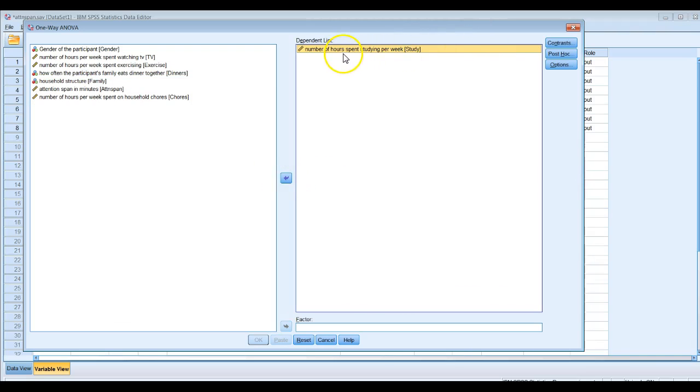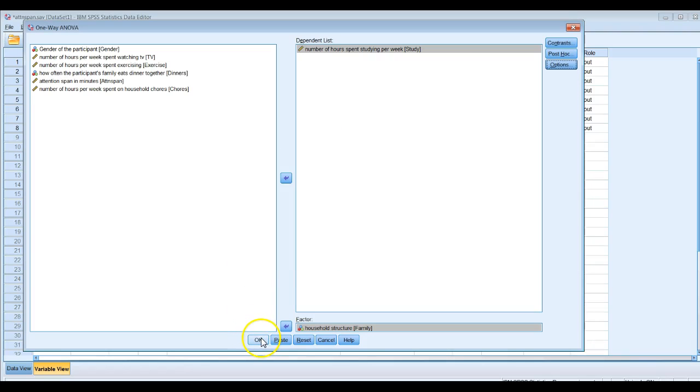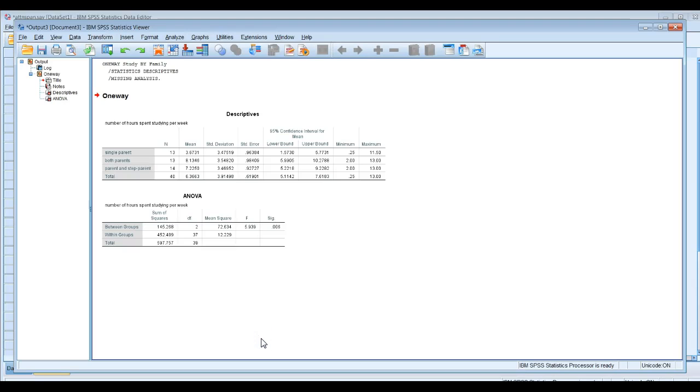That's going to be our dependent list. Household structure is the factor, and I always want to see the descriptive statistics. So under Options, put a check mark by descriptives, and then that'll give you the mean and the standard deviation for each group. So if you click OK, then it gives you our descriptives, the mean and standard deviation for each group and the sample size, and it gives you the ANOVA table.